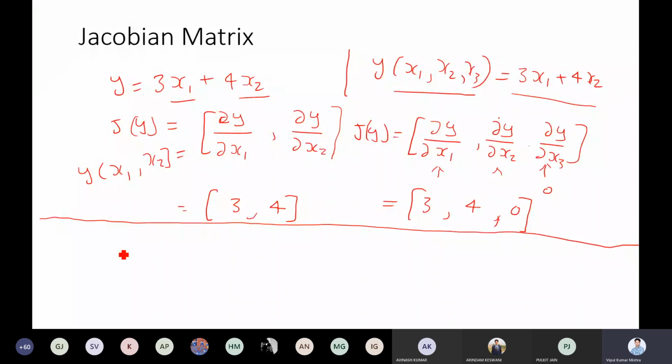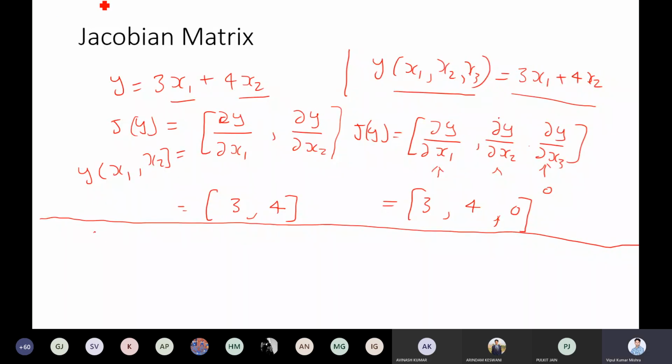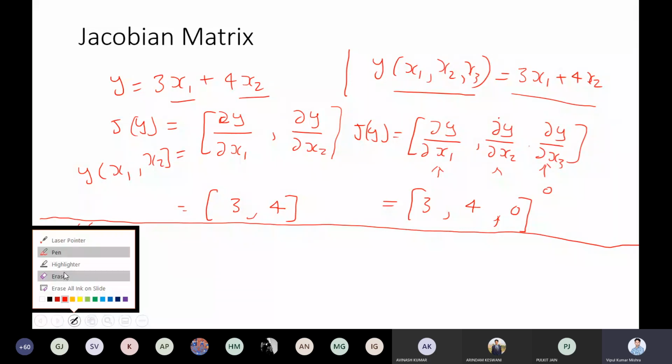Now let me introduce one level of complexity here. This was like a 0 level complexity. Let me say instead of one function, we have two functions.